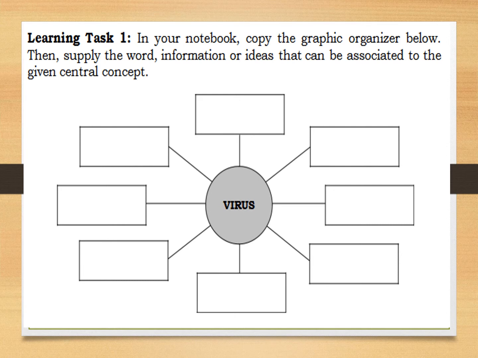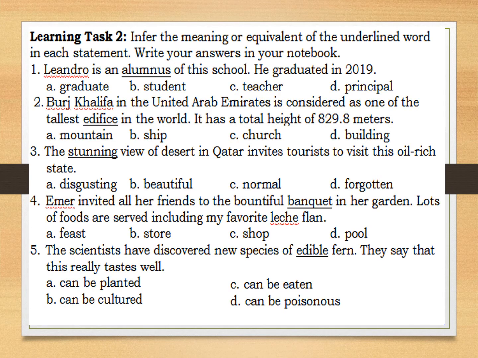Learning Task 1. In your notebook, copy the graphic organizer below. Then, supply the word, information, or ideas that can be associated to the given central concept. Learning Task 2. Infer the meaning or equivalent of the underlined word in each statement.